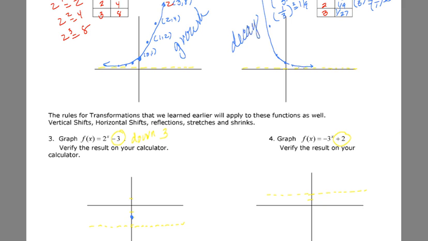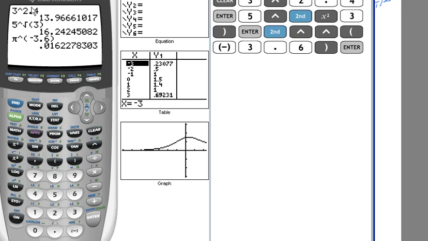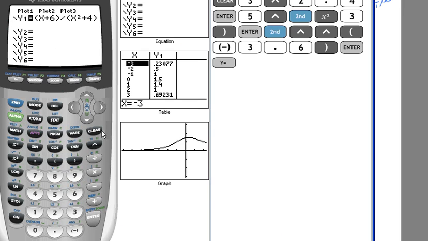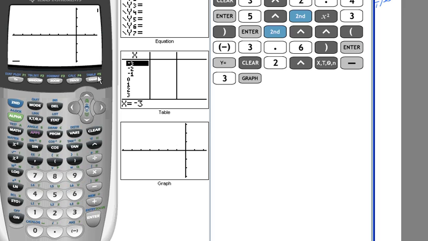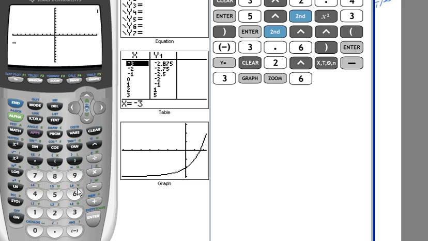We'll pull out the calculator and graph 2 to the x minus 3. Let's clear that out and go 2 to the x minus 3 using the caret. And we can graph that. Not sure what window I was in last time, so let me go to zoom 6. There we go. We kind of see it scooching along, and then it starts to increase.